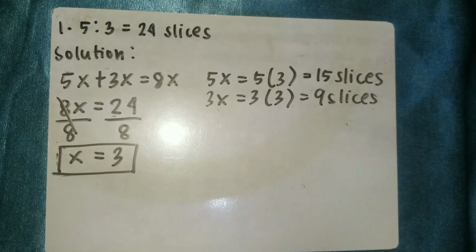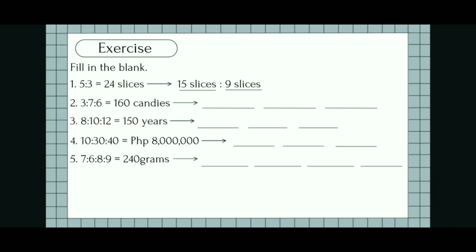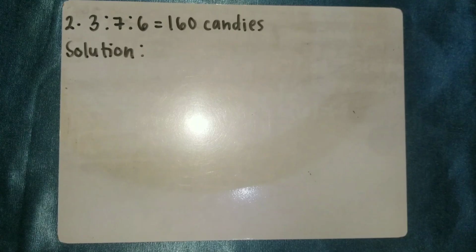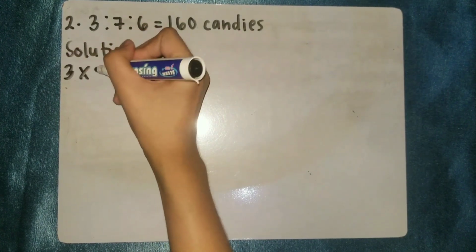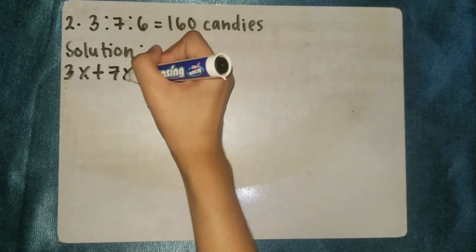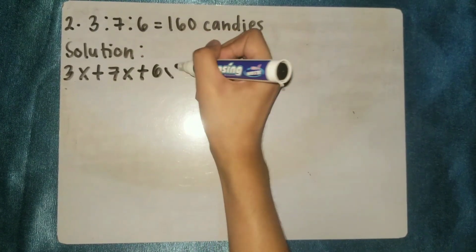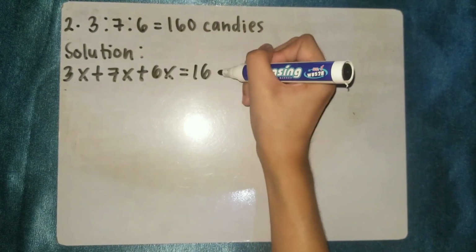Number 2. 3 is to 7 is to 6 equal 160 candies. The answer is 30 candies is to 70 candies is to 60 candies. Solution. Let's make this 3x plus 7x plus 6x equal 16x.